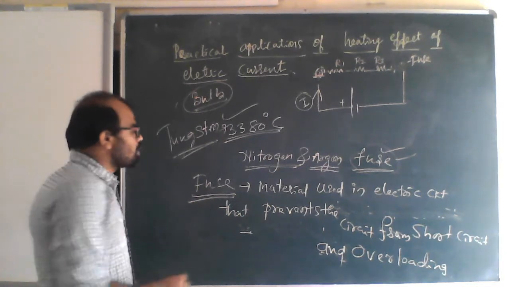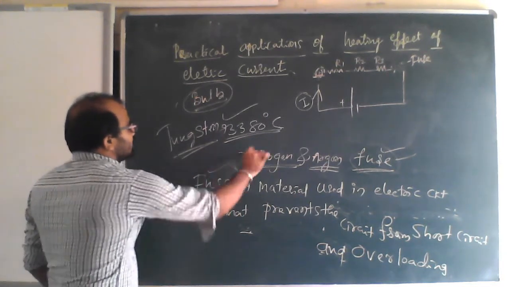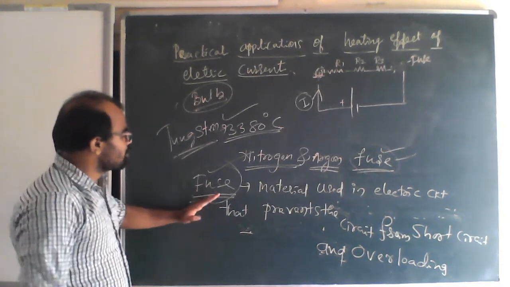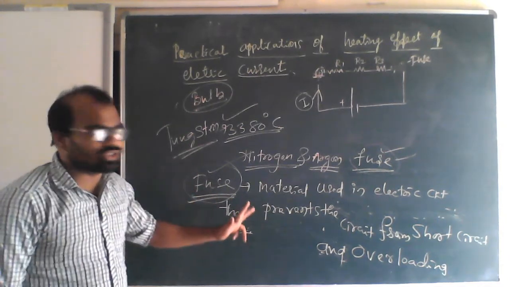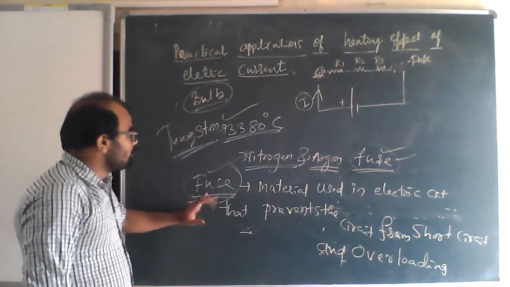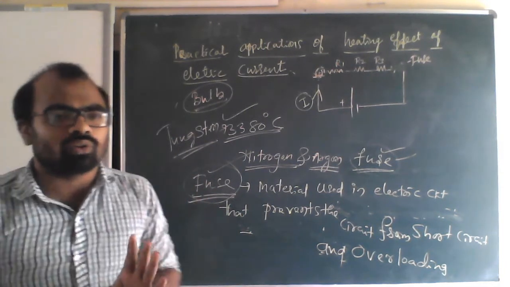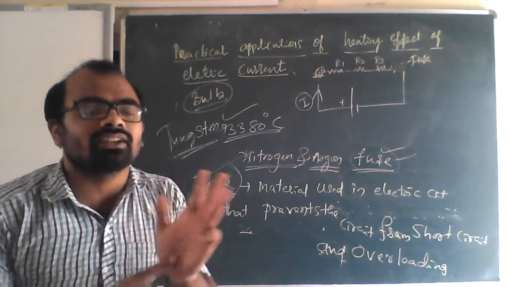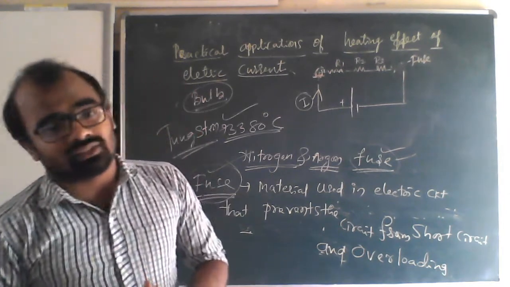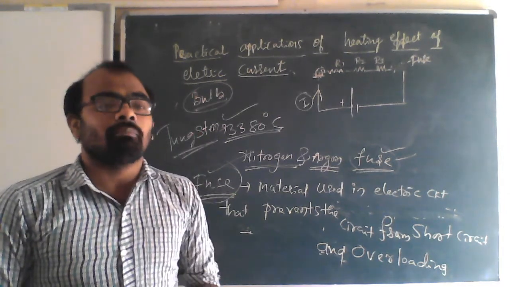So what is important in the fuse? The important thing is the definition of the fuse, which you have to remember. The melting point of the fuse must be low, and the fuse must be connected in series with the circuit. These two questions may come in a multiple choice question.